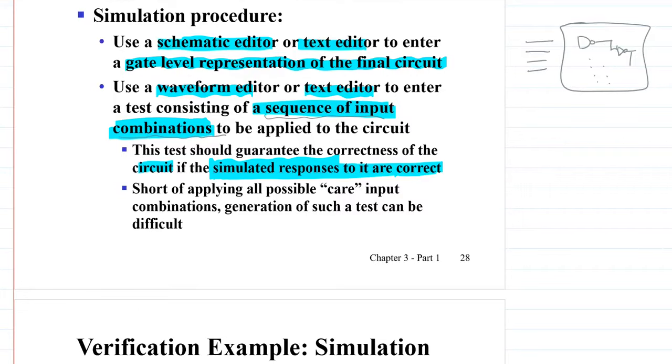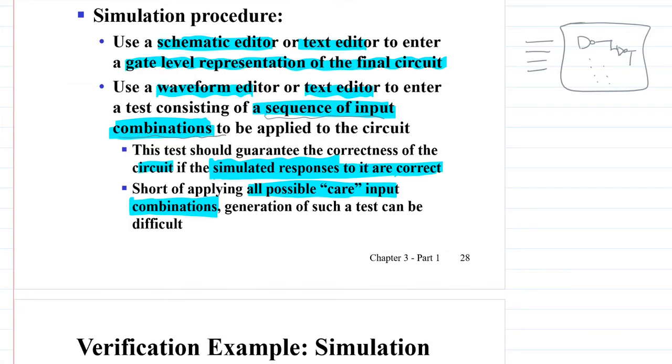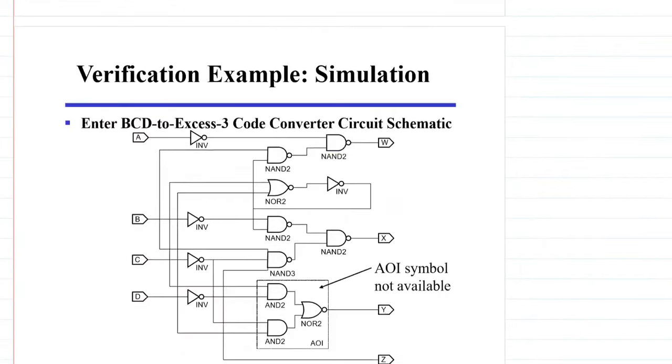We need to check for all possible care input combinations when we apply the inputs. If we don't do that, we might miss some of the care input combinations for which the output is not correct. In that case, our verification might not be done properly. So we need to keep that in mind.